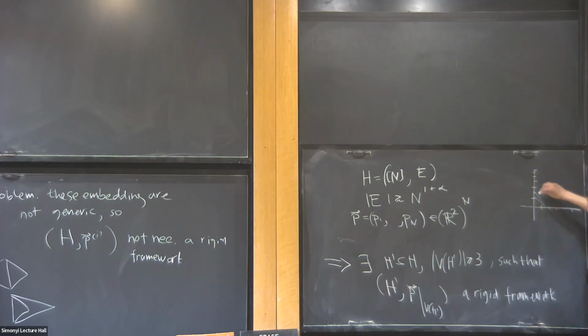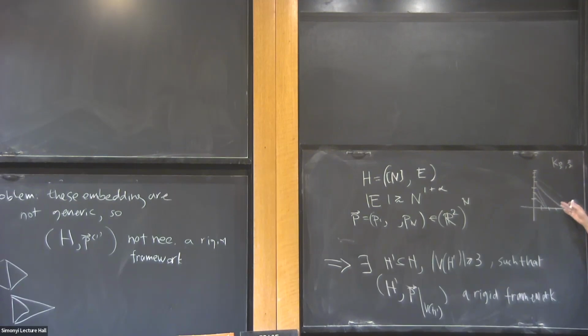But no, I'm with the time. We can take a complete bipartite graph K n over 2 with this embedding, and for this embedding there is no rigid subframework. The subframework will have this forbidden embedding.